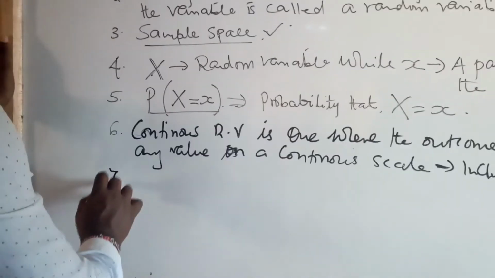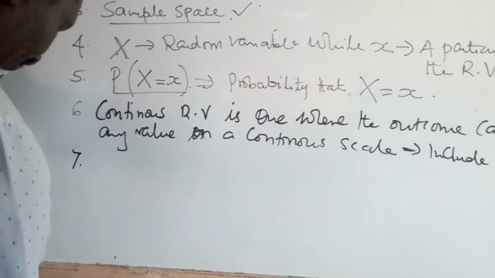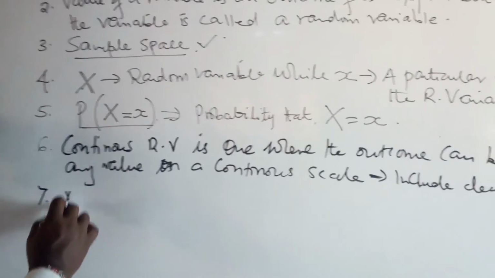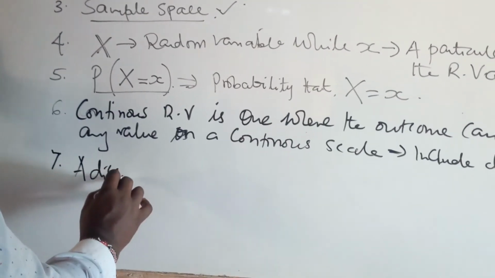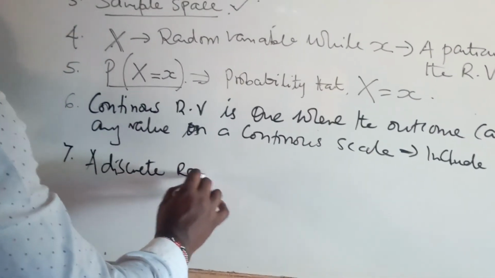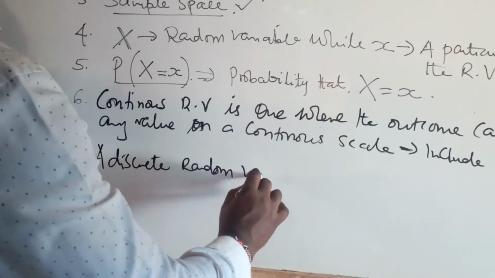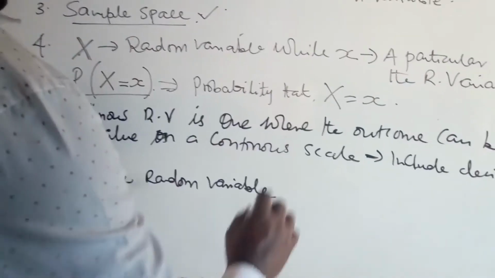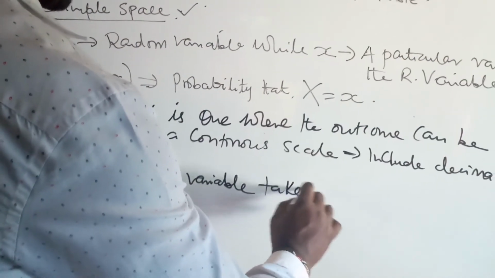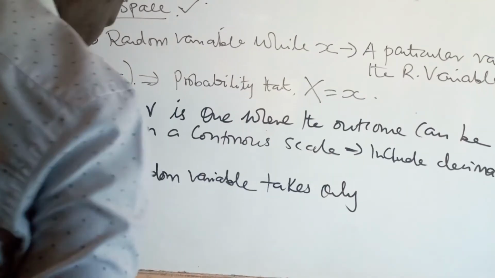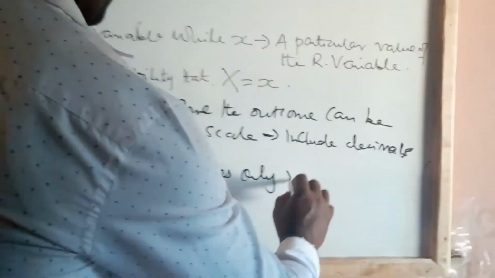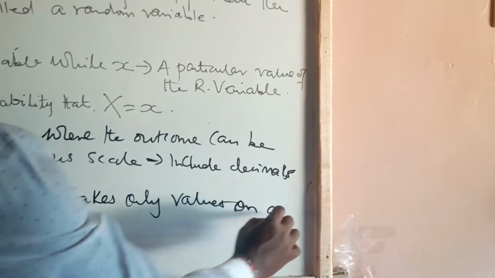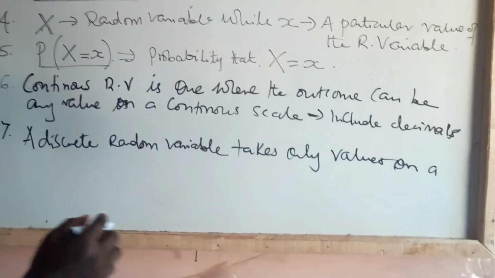What about a discrete variable? Point number 7: a discrete random variable takes only values on a discrete scale.